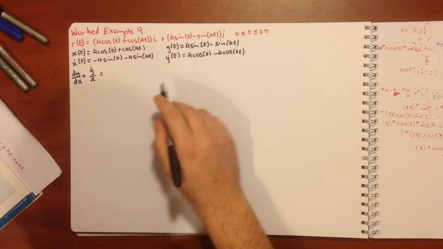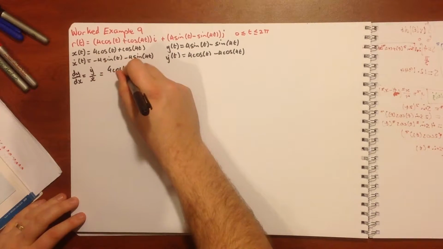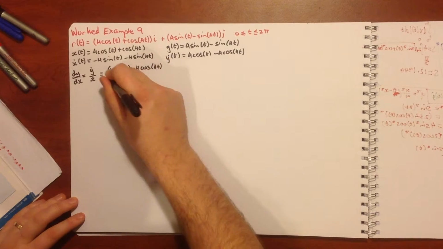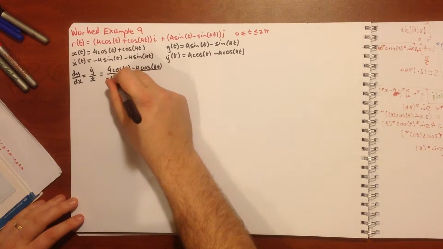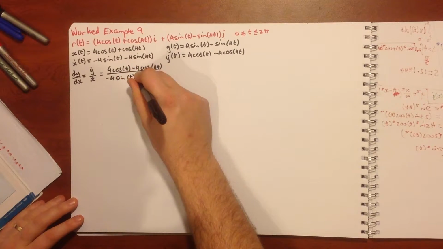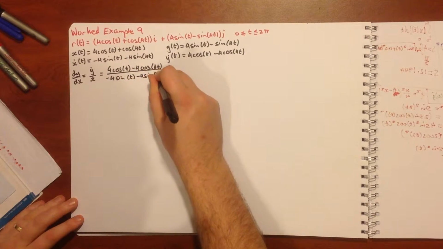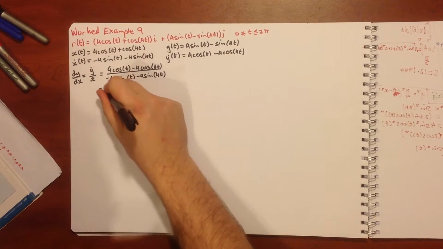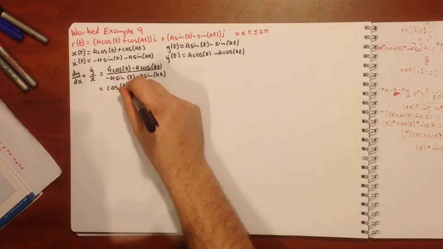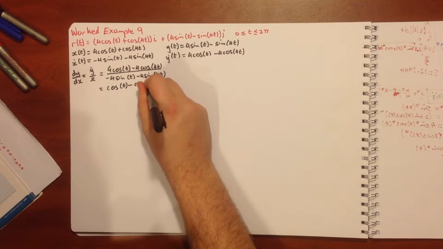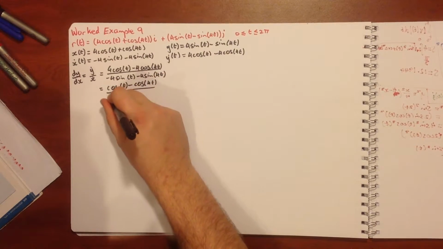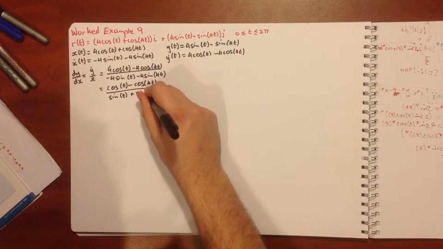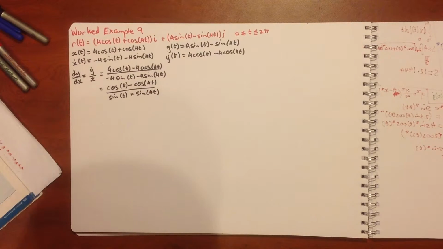So we're going to get 4 cos of t minus 4 cos of 4t over minus 4 sine of t minus 4 sine of 4t, which can of course simplify down to cos of t minus cos of 4t over sine of t plus sine of 4t.